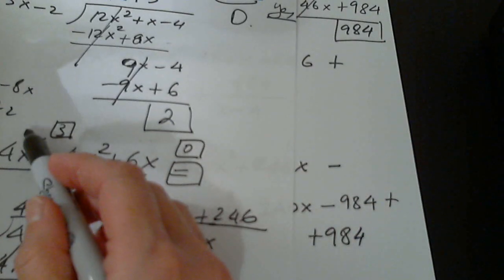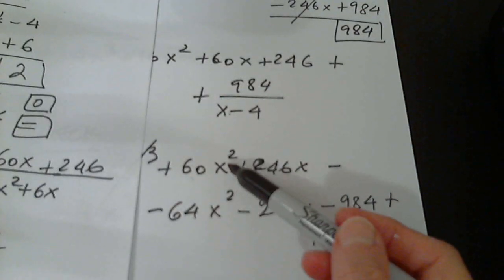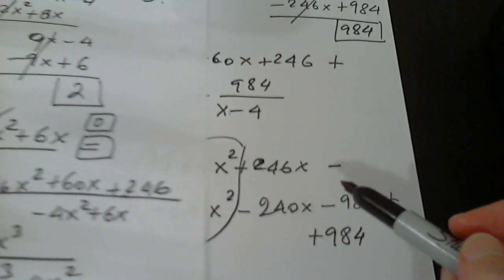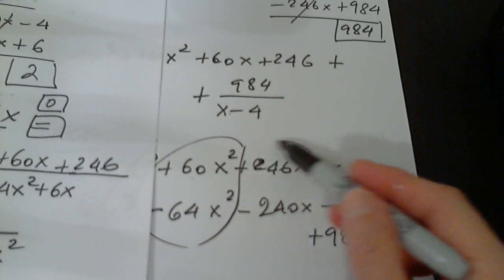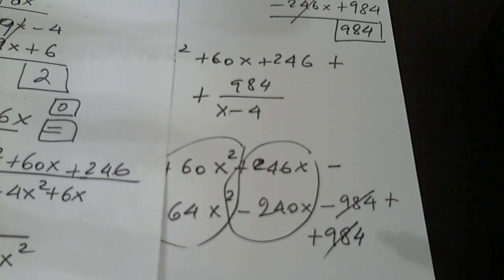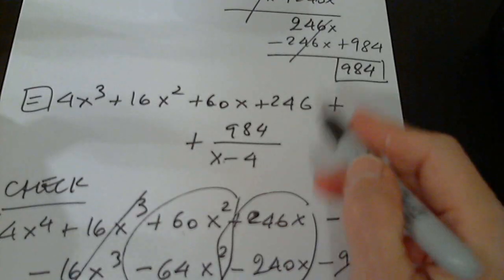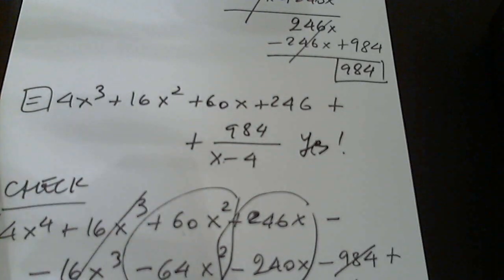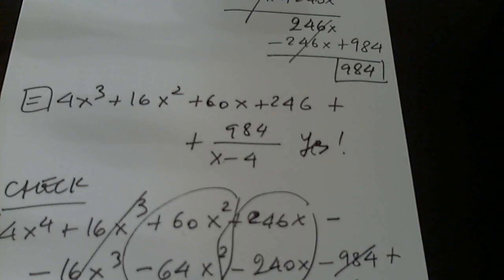So I recover the 4x to the fourth. I recovered the negative 4x squared. I recovered the positive 6x, and these two are gone. So I will say yes. Definitely. The answer is correct. Ugly numbers, but the answer is correct.